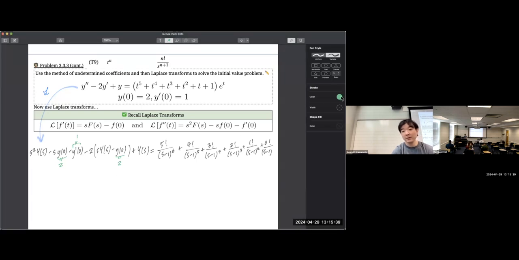So we have s squared Y, and I'm just going to remove the (s) part because it's not really relevant, minus 2s minus 1, and then minus 2 times sY minus 2, plus Y, is equal to all of this.